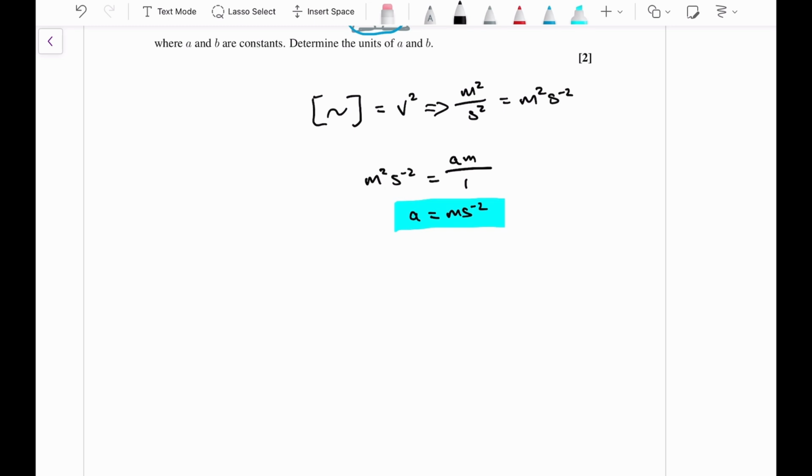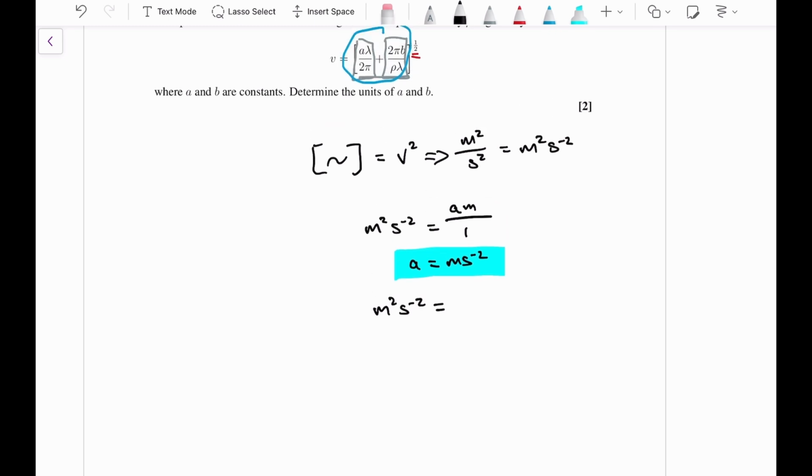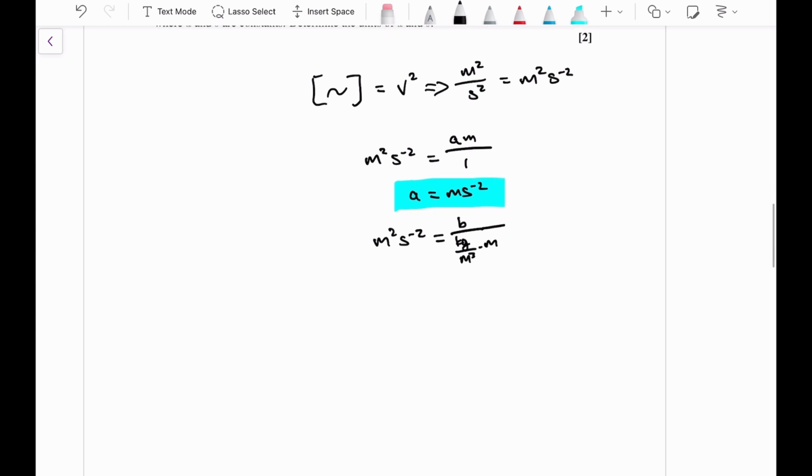Now let's look at b. B will be the same way, so basically m squared s^-2 is equal to 2 pi b, so we can consider it as 1 over rho, where rho is the density, which is kg over m cubed, times the m.